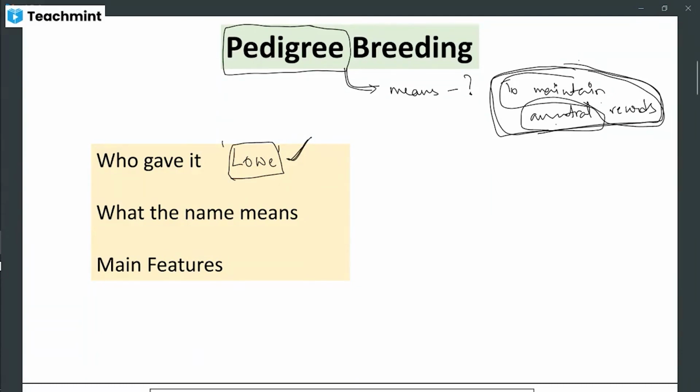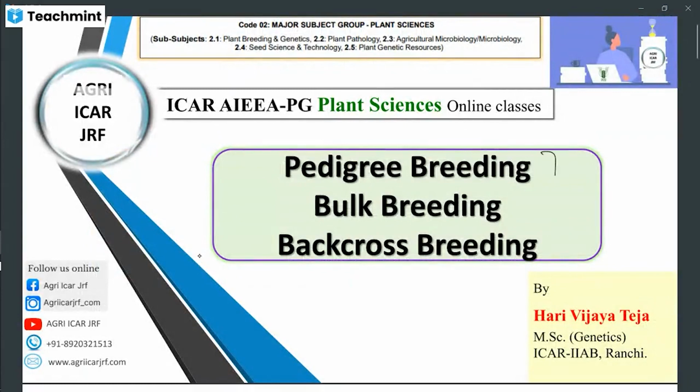We are dealing with pedigree breeding, bulk breeding, and backcross breeding in today's class. All these three breeding procedures involve hybridization, which is nothing but crossing. Please remember, this might be asked in your JRF.